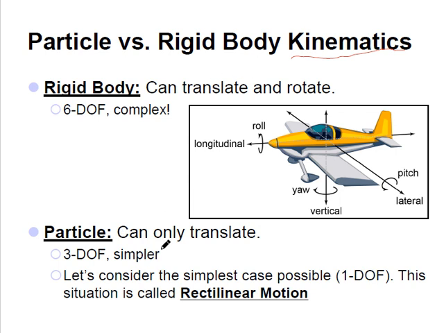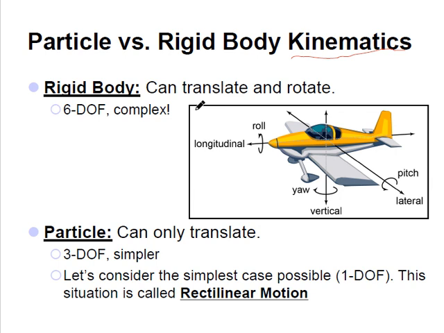Its size is negligible. Okay, and they're very, very simple objects. So therefore, they have only 3 degrees of freedom. Why? Because it can only translate.